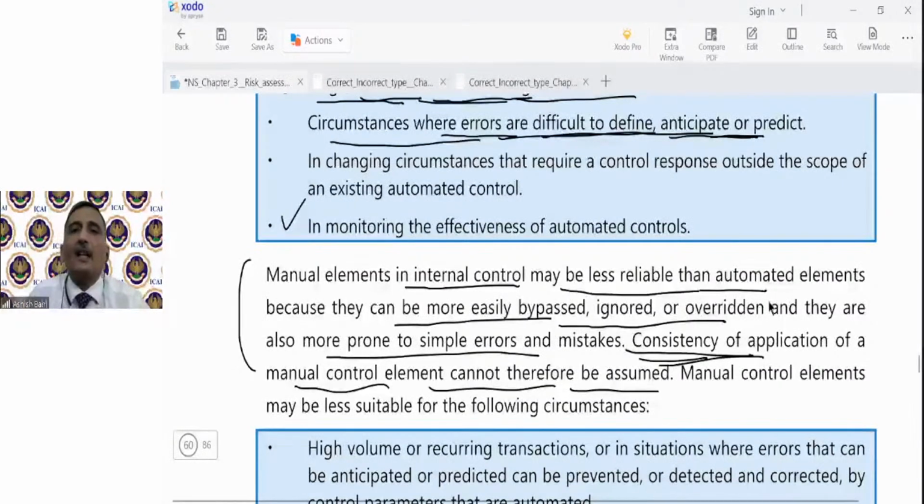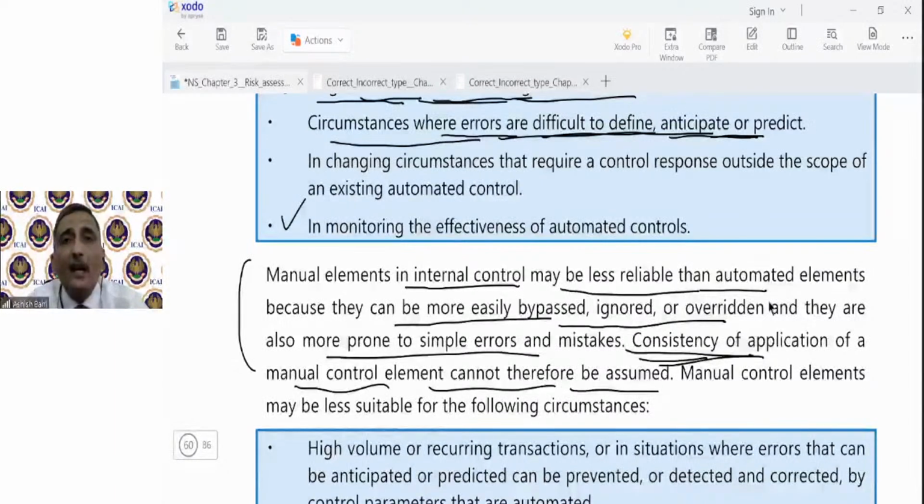Whenever we talk about manual controls, there is always a doubt whether these have performed consistently throughout the period. Like I am talking about the controls in a company for a year. If the controls are manual, then I will always have a lingering doubt in my mind whether these controls have operated effectively throughout the period, because consistency might not be there.